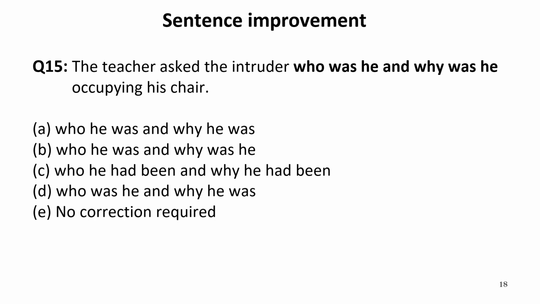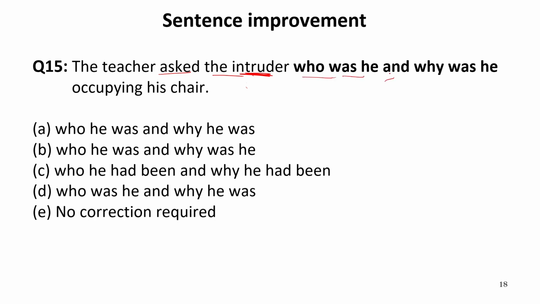The teacher asked the intruder, who was he and why was he occupying his chair? Now the given sentence is an indirect speech. If it is an indirect speech, it should be formed in past tense. Now, the teacher asked the intruder, someone who enters somewhere forcefully or secretly without anyone's knowing.